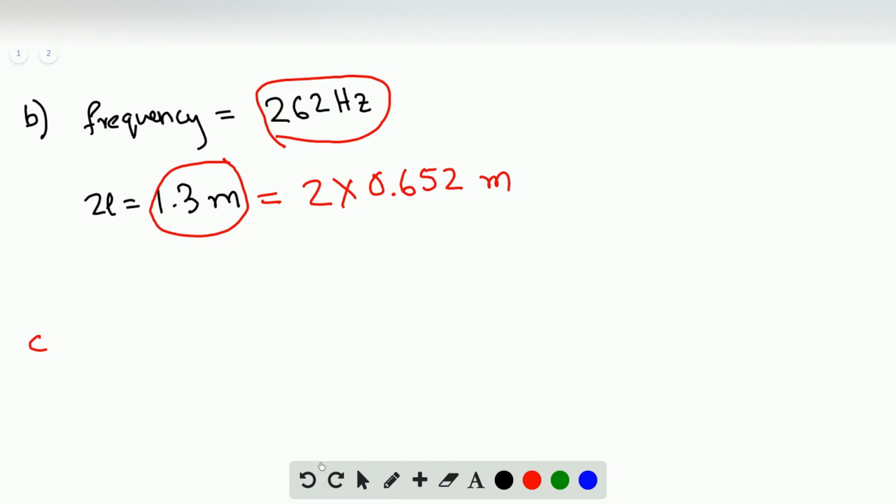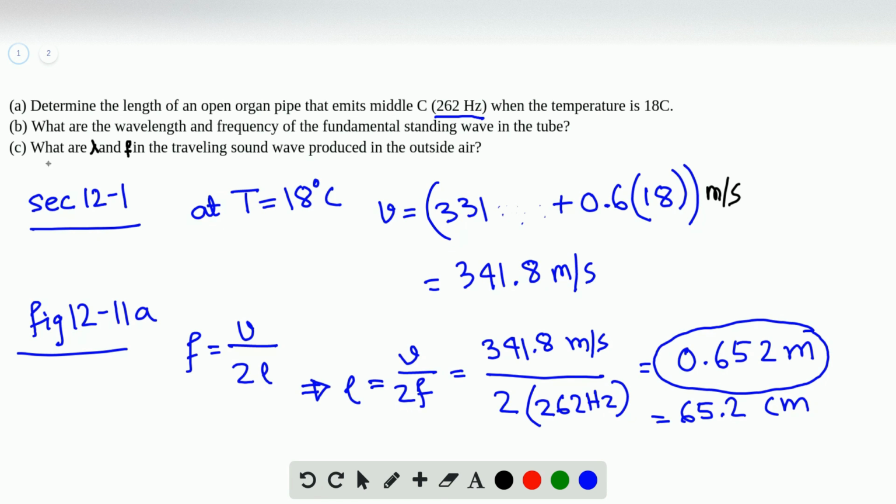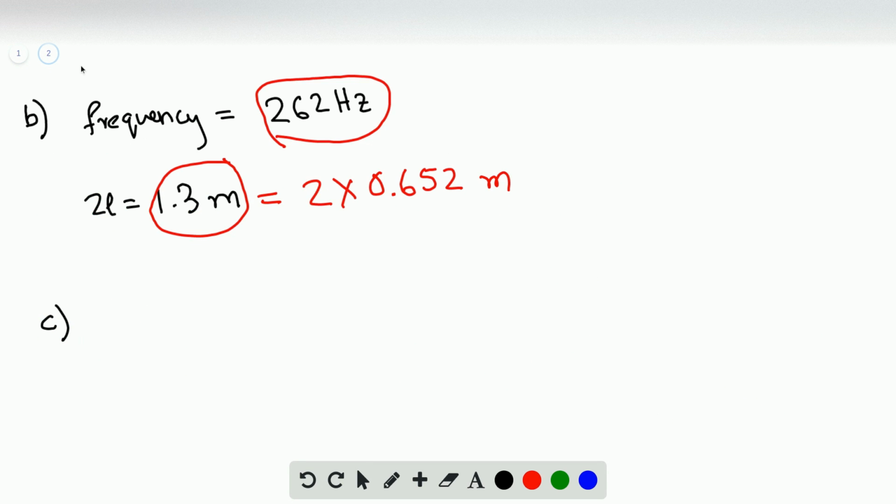Now for part C, it says what are the wavelength and frequency in the traveling sound wave produced in the outside air. So we have to understand here that the wavelength and the frequency are the same in the air, because the outside air is resonating with the organ pipe.